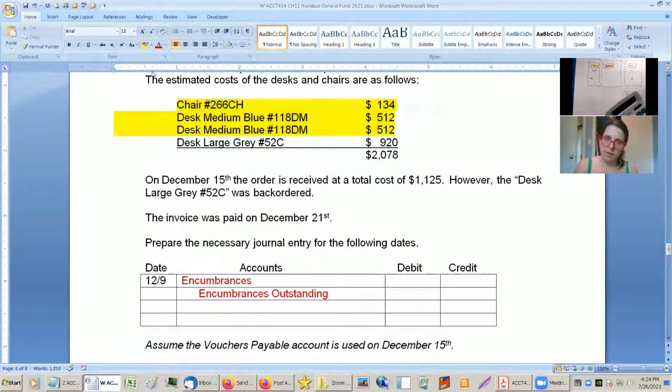Oh, that is a different amount. You're right, that's not the right amount. So it would be 134 plus 2, so we would actually be doing it in the amount of 1158.